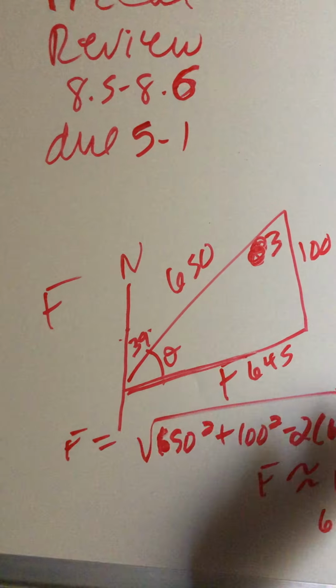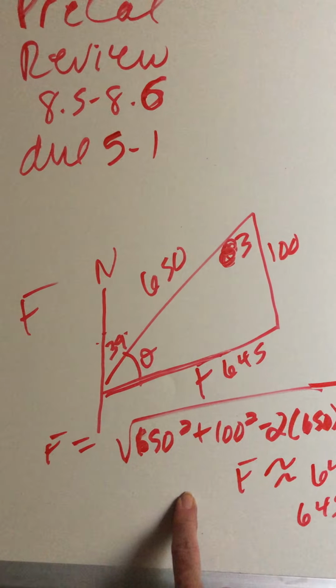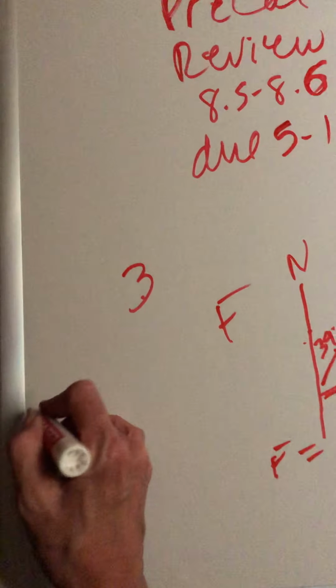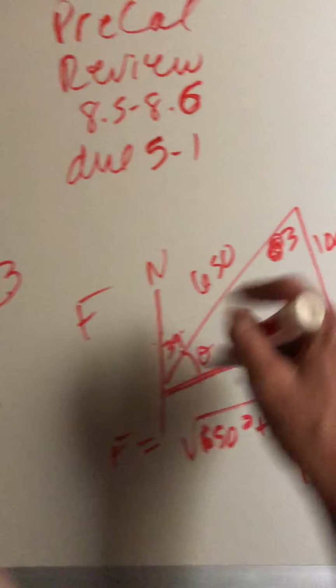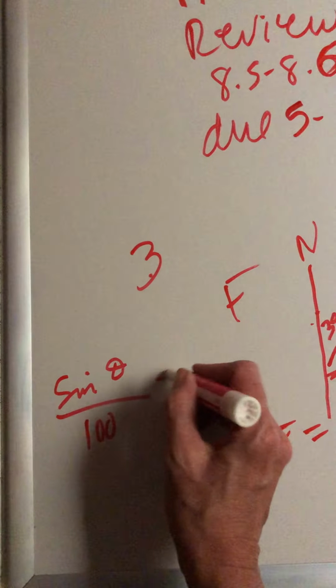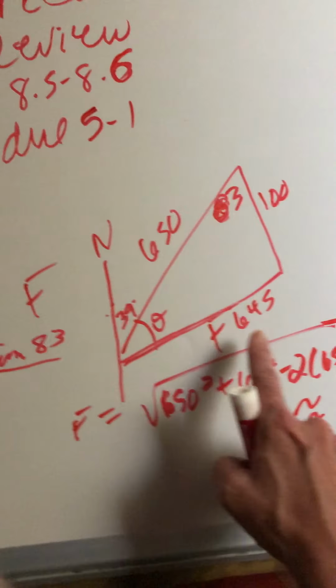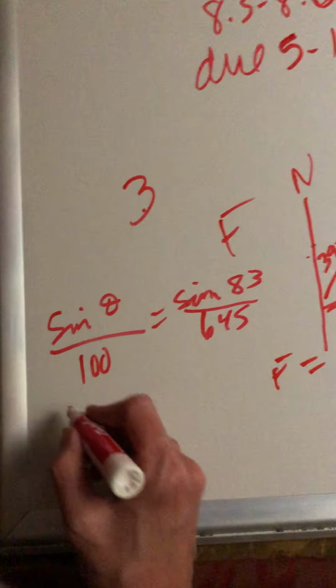Again, there's a complicated way to use vectors I'm not going to show you. We can use law of sines. I can set up a proportion with law of sines, okay? So we could put sine of theta over the side opposite it, which is 100, equals sine of 83 over 645. Way easier to do it this way.